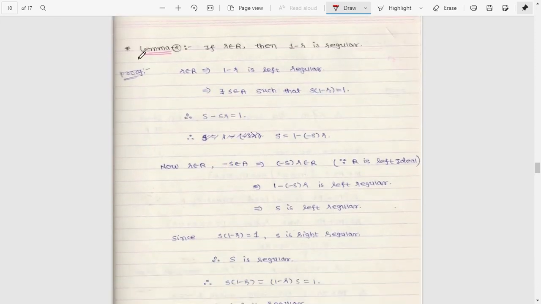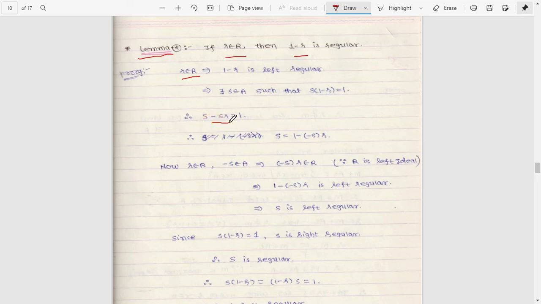Now lemma 2: if r belongs to R, then 1 minus r is regular. Let r belong to R, which implies 1 minus r is left regular, which implies there exists s belongs to A such that s into 1 minus r is equal to 1. So 1 minus s minus s into r is equal to 1.